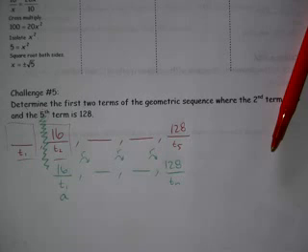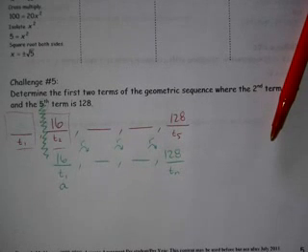Very nice. I want to draw this for you in terms of an equation. I just want you to read it. What do we have in terms of our equation? What's A?